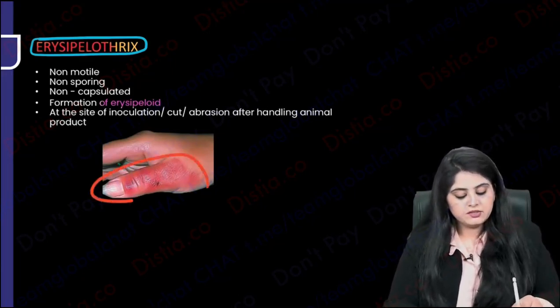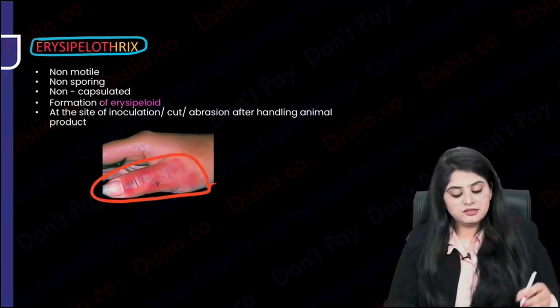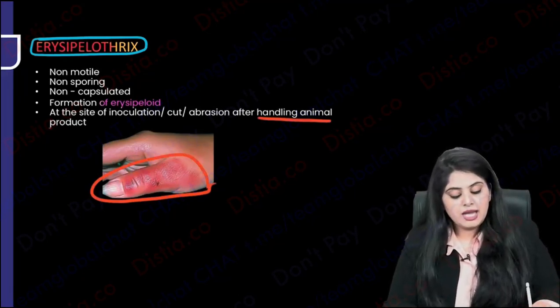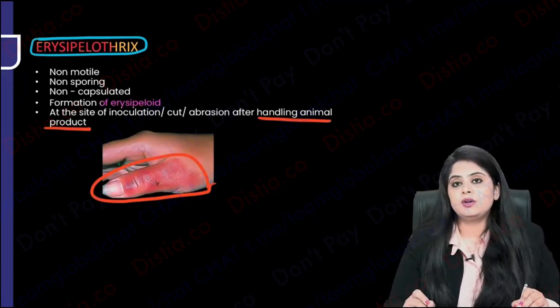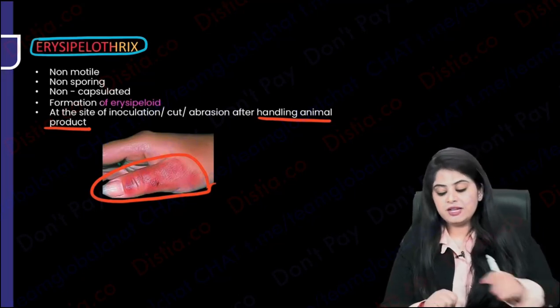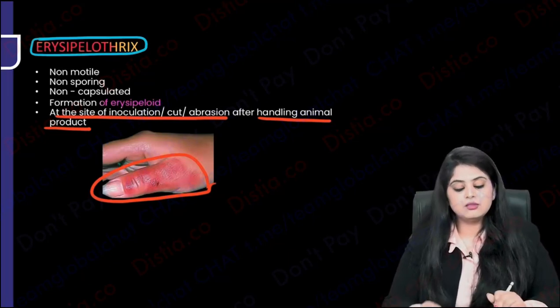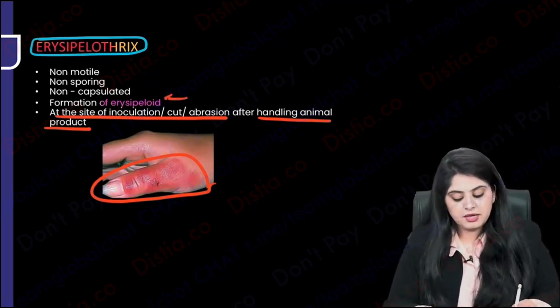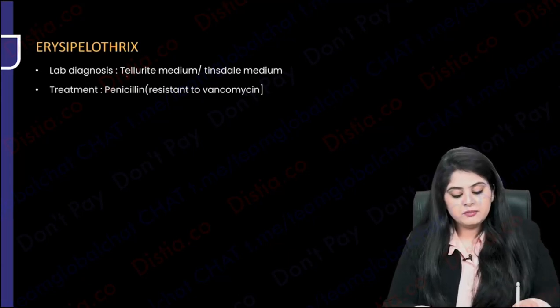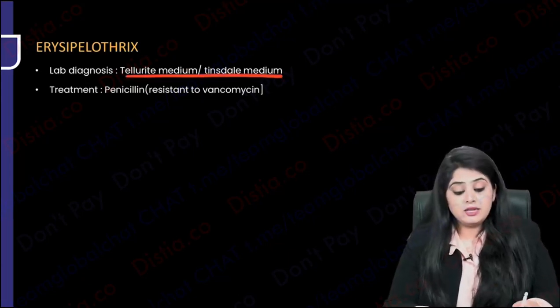This is something that you're seeing over here, this reddish thing. This is going to be in people who handle any kind of animal products, whether animal products or fish products. Whenever there is any cut or an abrasion and this can come in contact with it, that is what is going to result in this erysipeloid. Please note that the medium is going to be the Tinsdale or the tellurite medium.